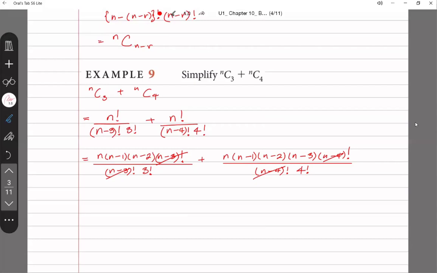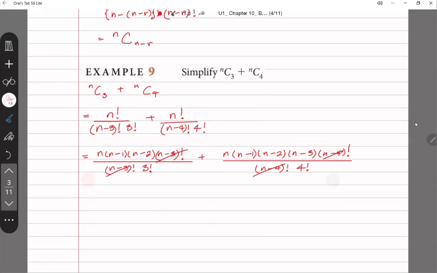What is the LCM of 4 factorial and 3 factorial? It's 4 factorial. 3 factorial into 4 is 4 factorial, so it's 4 times the numerator. Now 4 factorial into 1 is 4 factorial, so it's 1 times the numerator.